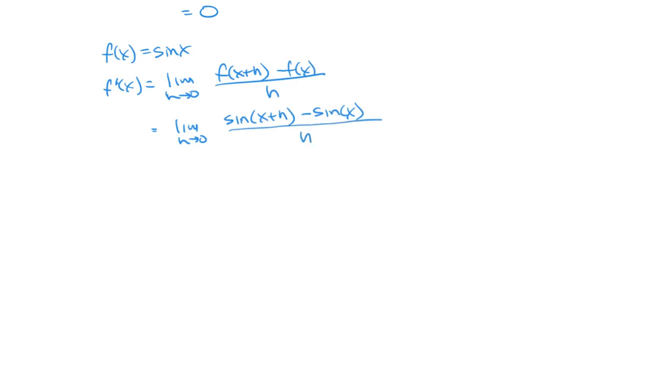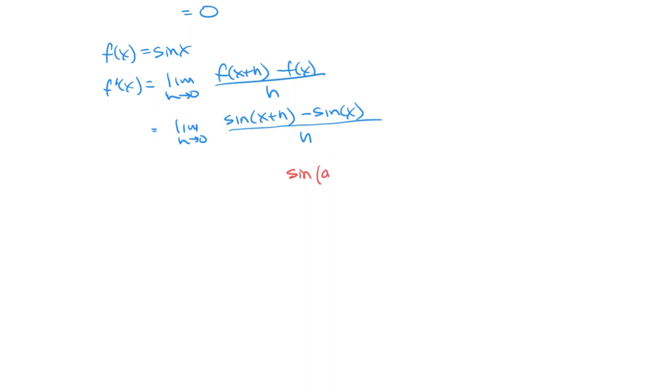And at this point, as you can see, if we start plugging in zeros, we're just going to get 0 over 0, right? Because we'll get the sine of x minus the sine of x, which is 0 over 0. So to get out of this, we're going to use a formula you've probably seen occasionally, a sum and difference formula.